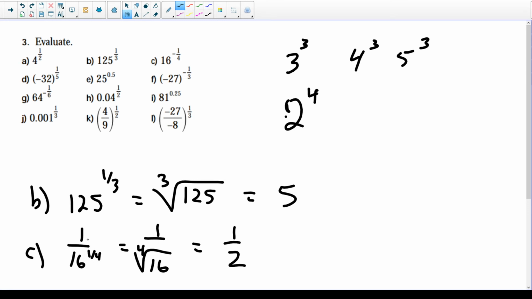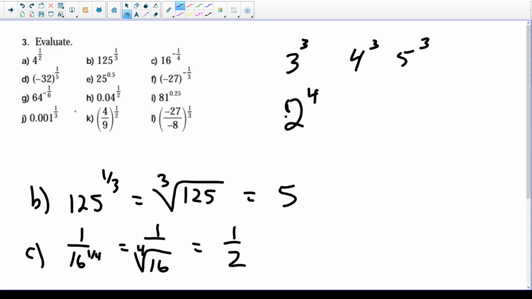That's what happens when you flip it upside down, so it would be just positive 1/2. Can you see for D, without even doing it on paper, that you'd be doing the fifth root of negative 32? The fifth root of negative 32, the answer here is just negative 2. Can you see for E that this is just 25 to the 1/2, which is just the square root of 25?